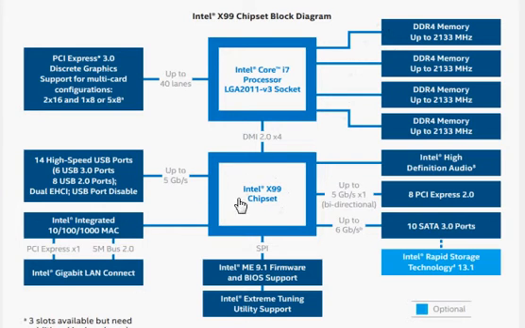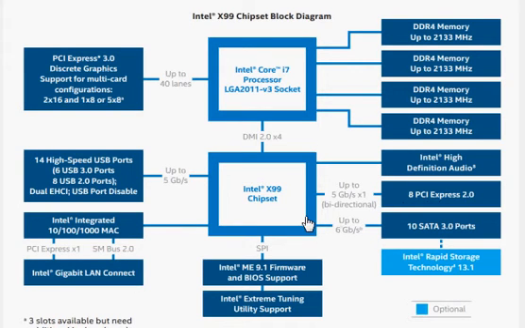Coming to this chipset X99, we have again the same story, that this is pretty much the same as all other platforms. You have 8x PCI Express 2.0, slightly slower, but still good enough for most of the purposes.